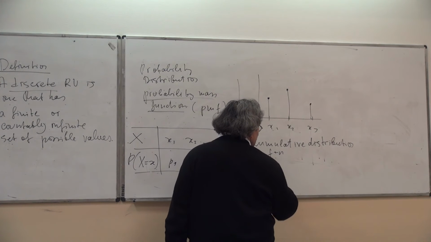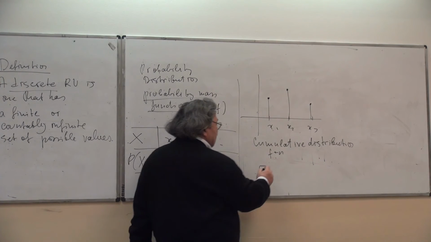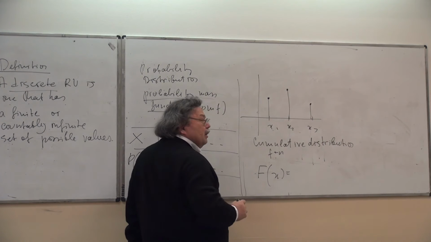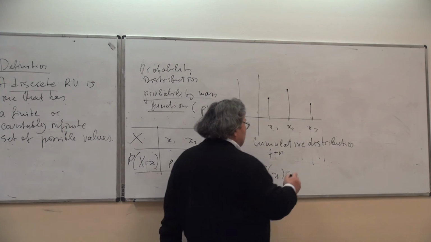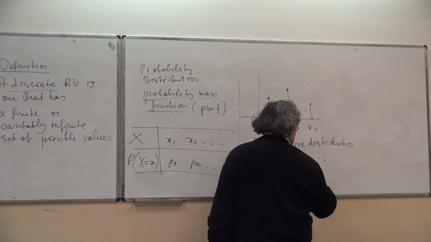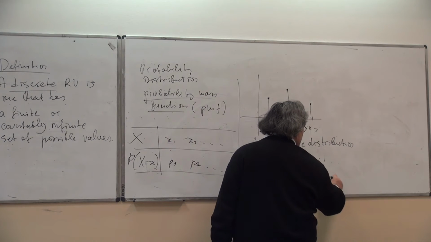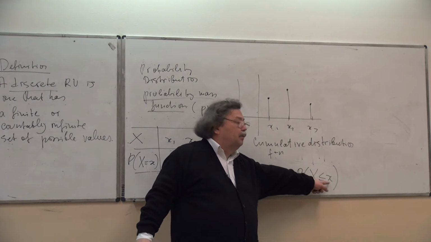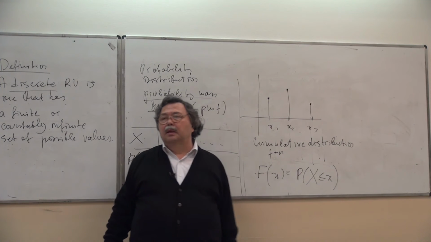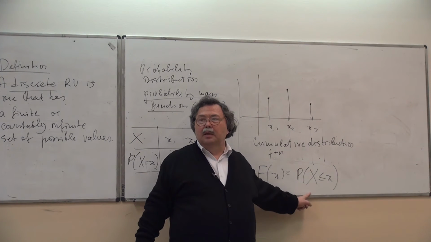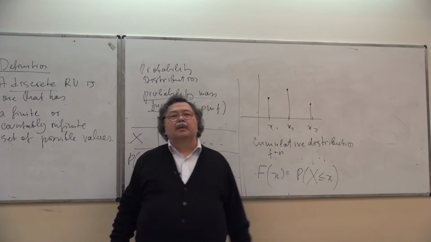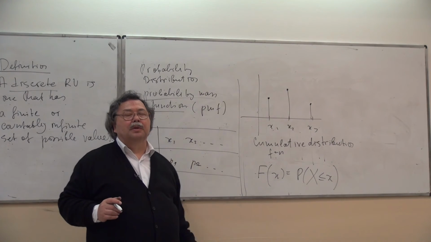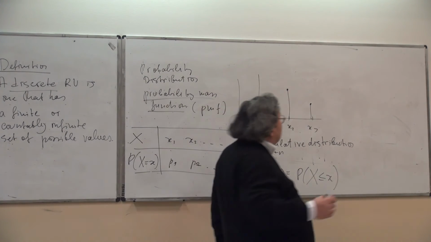The accepted notation is capital F, and by definition, for any x, F(x) is the probability that the random variable takes on a value that is less than or equal to this specified little x. So here capital X is the name of the variable, and little x is a specific value. And this is the definition of the cumulative function. All right.